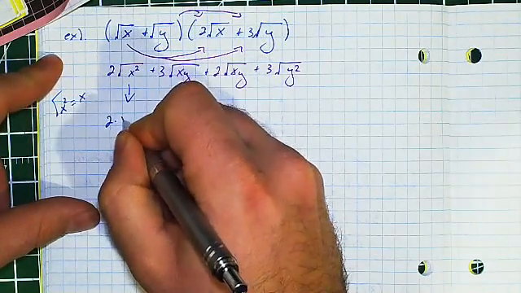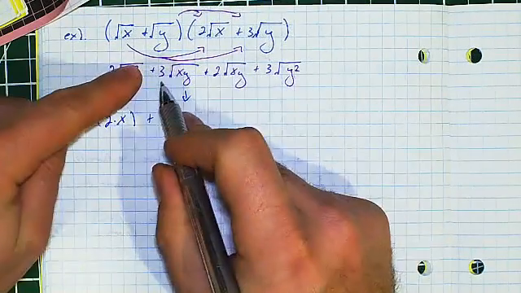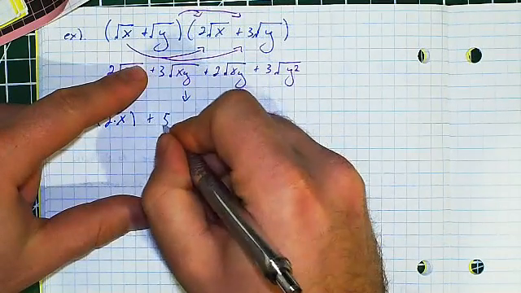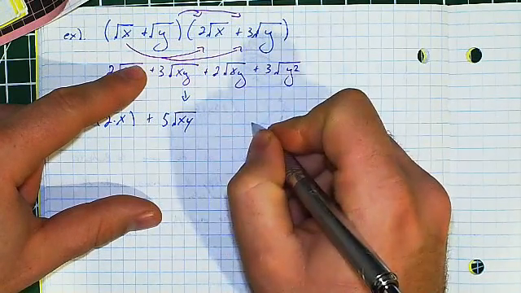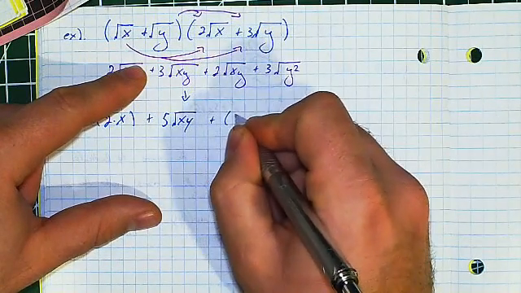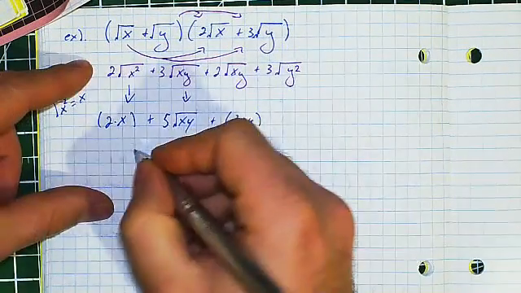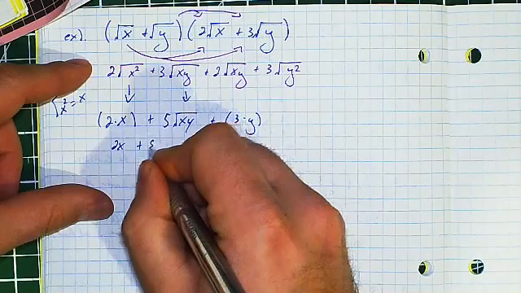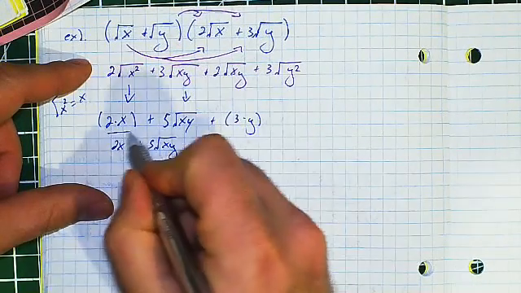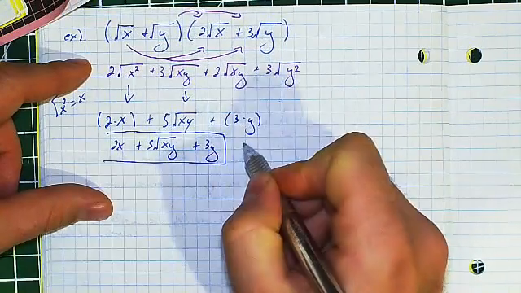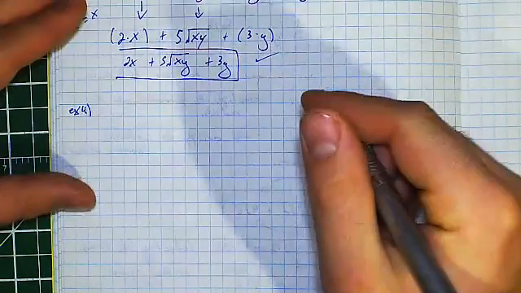So this, right off the hop, is going to become 2 times x plus, brackets make life easy, 3 plus 2 becomes 5 root xy, and we're going to have plus 3 times y. So this would turn into essentially 2x plus 5 root xy plus 3y. And that would be your final answer.